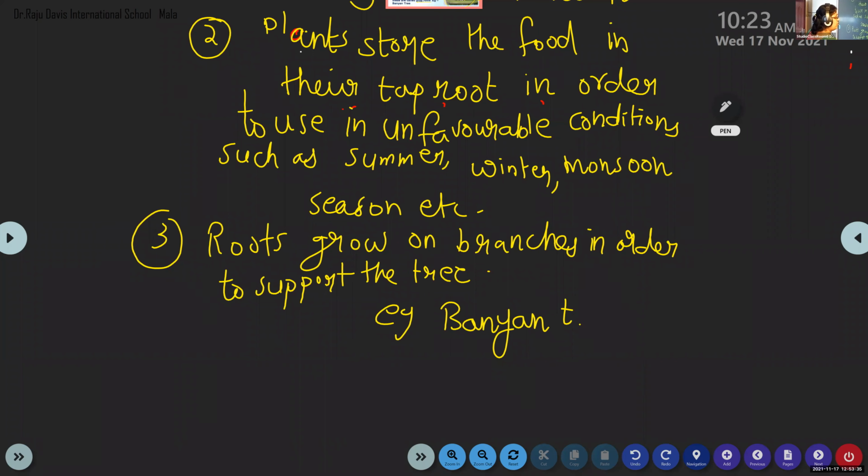And another, I don't know the English name, but let's leave it. Some kind of wild plants grow in the outskirts of the village. We can see so many trees where the roots are just coming out of it. We can use it as a swing. Have you seen it in the forest? There are some roots hanging down like a swing. Banyan tree is one. There are some other trees.